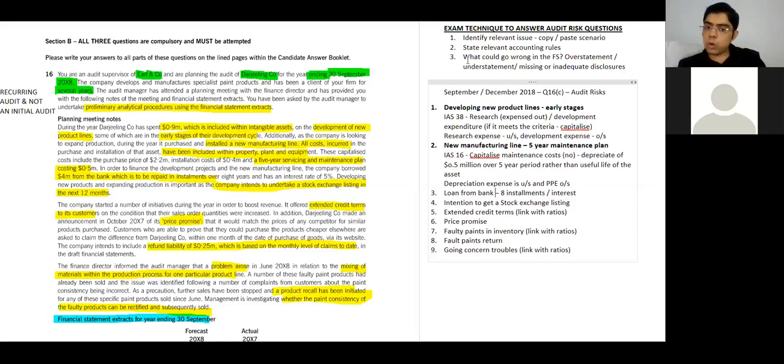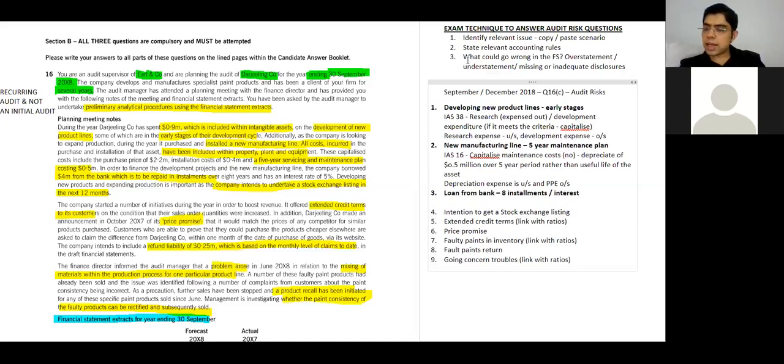Then loan from bank. The third issue that we've identified is loan from bank, 8 installments, interest. So what are the accounting rules? You have to segregate between current and non-current liability.